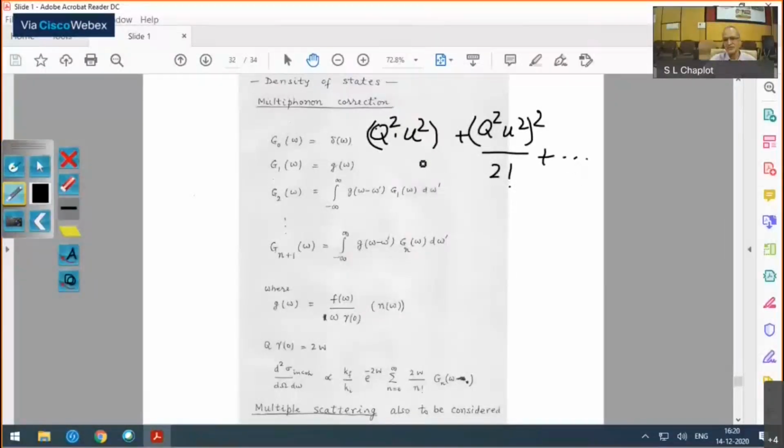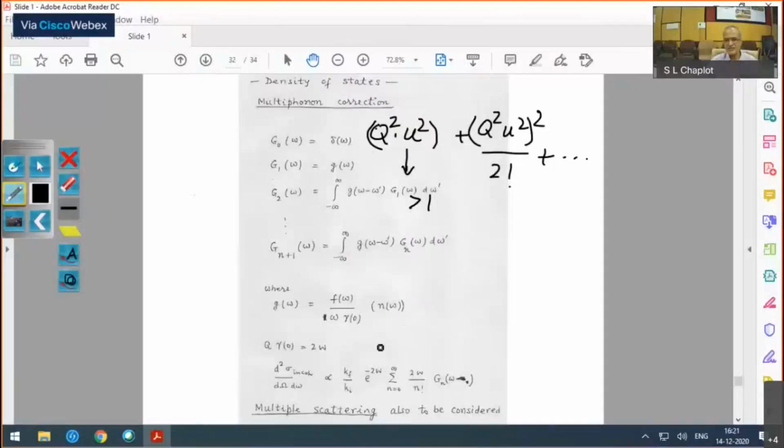So you can see that if Q is very large, and this term itself is greater than 1, then higher phonon terms are also going to be very significant. However, if this is less than 1 or so, then the higher phonon terms will decay fast enough, and you will not have too many terms. So on the one hand, we want a large Q to get good intensity, but there is an optimum.